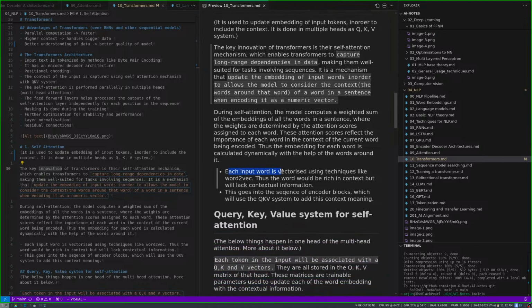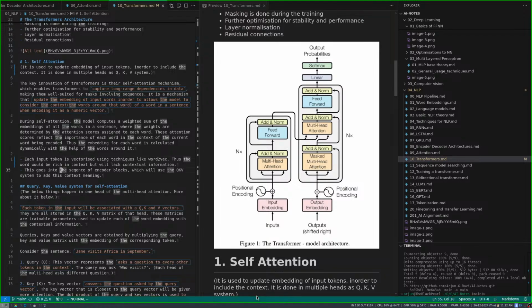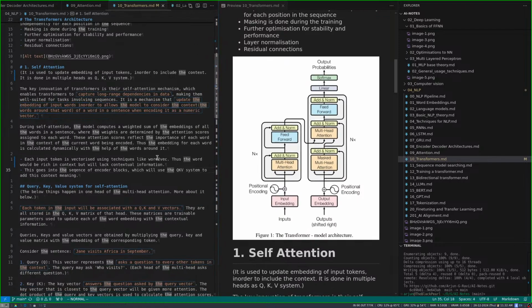Each input word is vectorized using techniques like word2vec. Thus, the word would be rich in meaning, but will lack context.